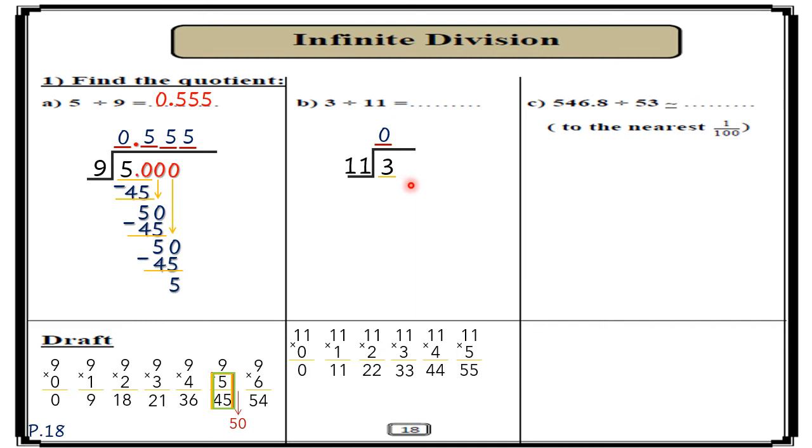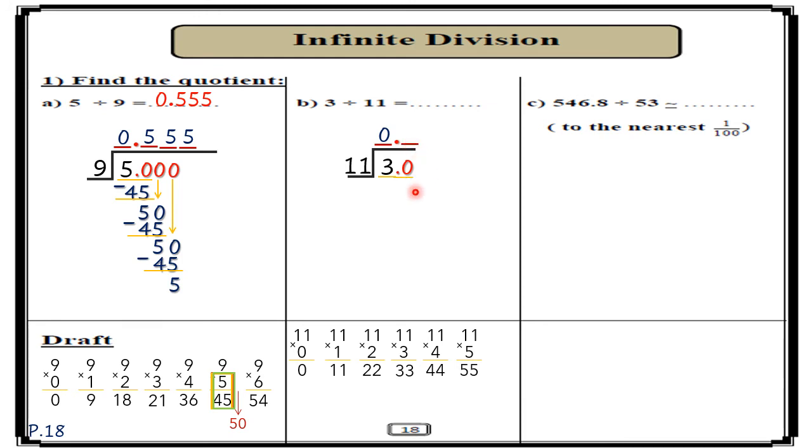We don't have a next digit, so what I have to do is add 0 in the decimal part. But I don't have a decimal part, so I have to add a decimal point and then add a 0. Okay, and take the next digit.